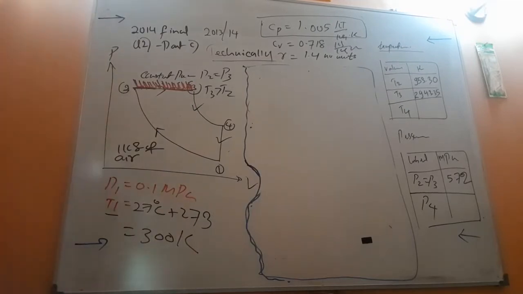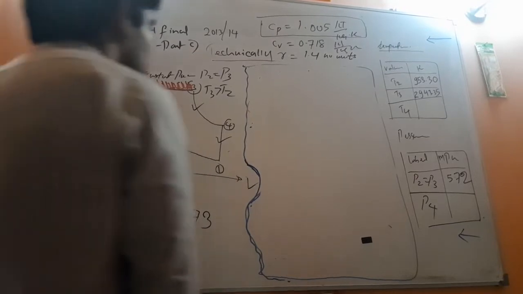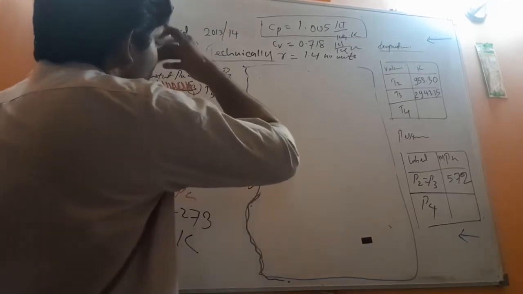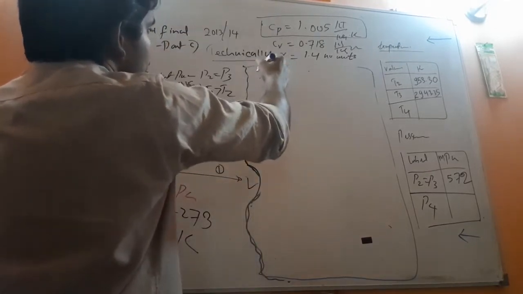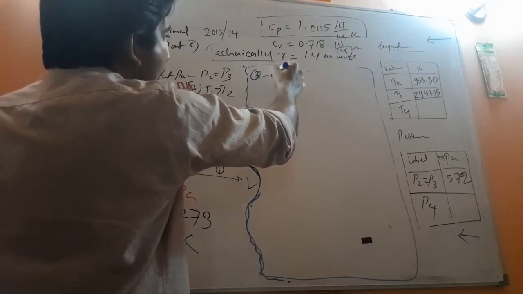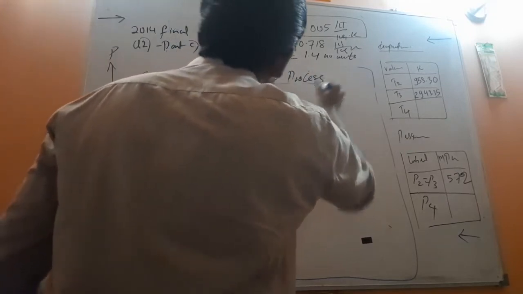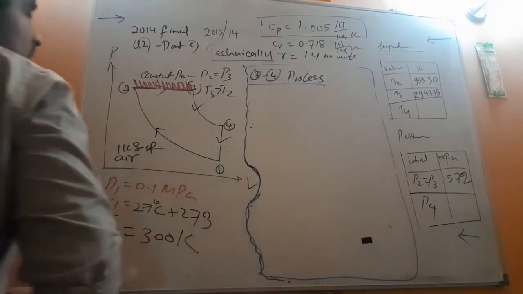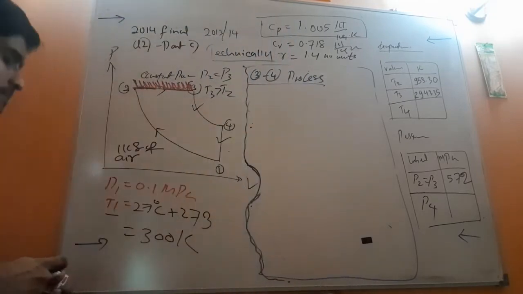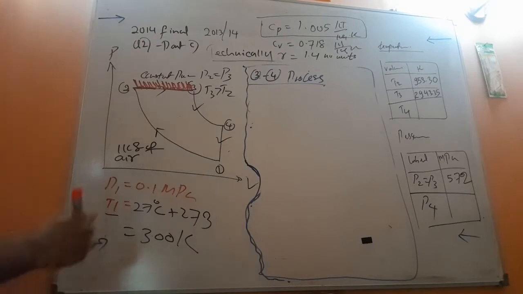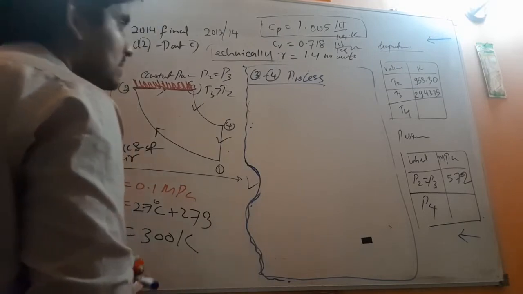Let's consider the process 3 to 4. Right. Now, what are the things you know at the moment?